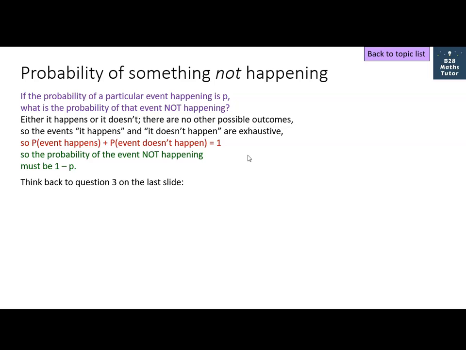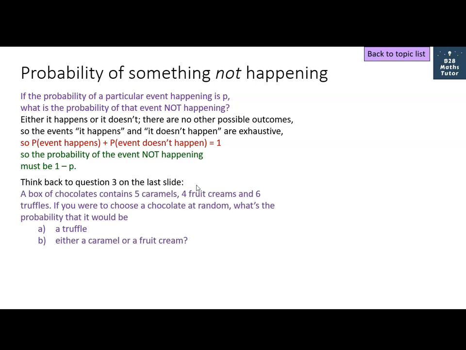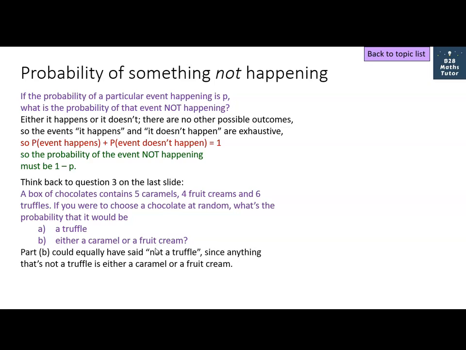Now, if you think back to the last question on the previous slide, 5 caramels, 4 fruit creams, 6 truffles. For part B, if it was a caramel or a fruit cream and you only had truffles, caramels and fruit creams, you could equally well have said not a truffle, because anything that isn't a truffle is either a caramel or a fruit cream.